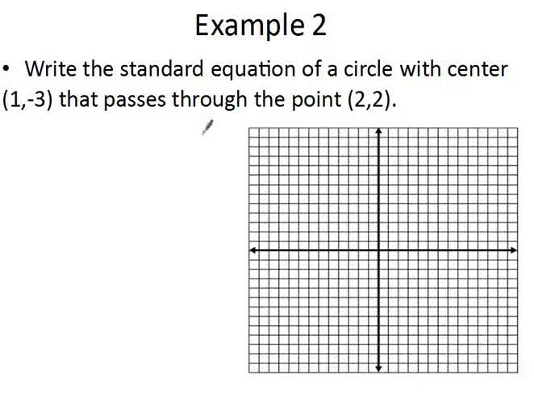Alright, this one's a little different. This says the standard equation of a circle with center 1, negative 3. So on a graph, this point right here is the center of the circle, and it goes through the point 2, 2. So this point right here is on the circle. So somewhere, the circle goes like that. Okay, so from here to here is your radius of your circle, and we kind of need to know that in order to write the equation of the circle.